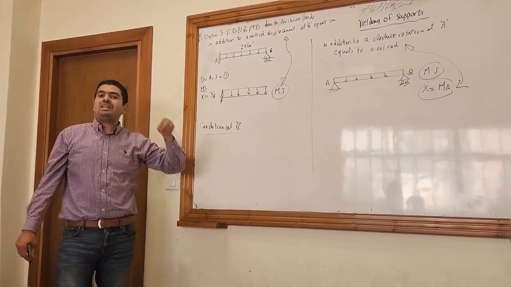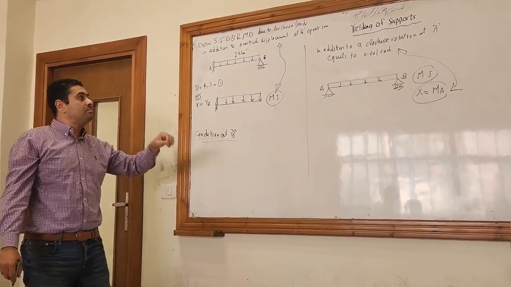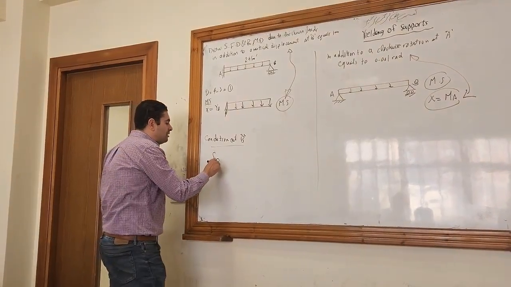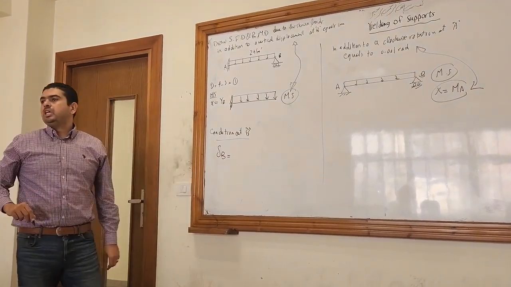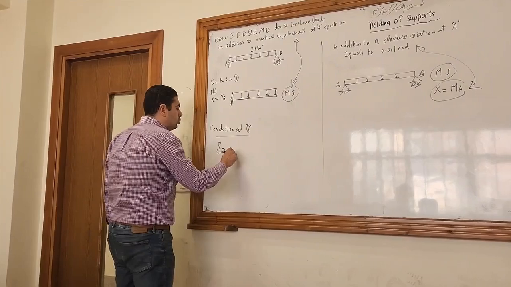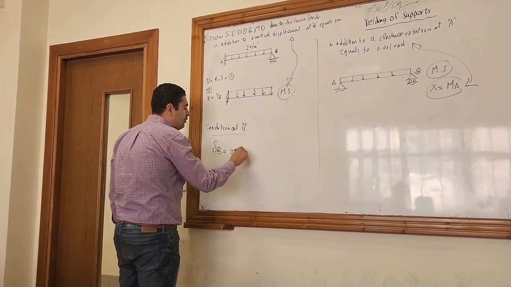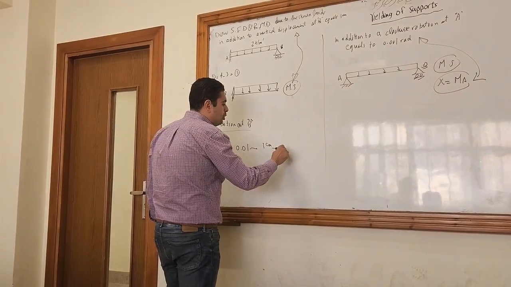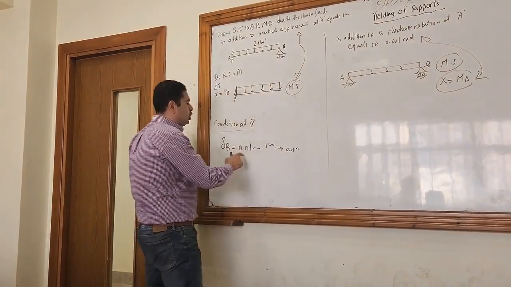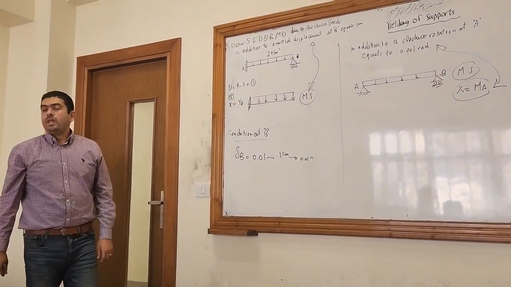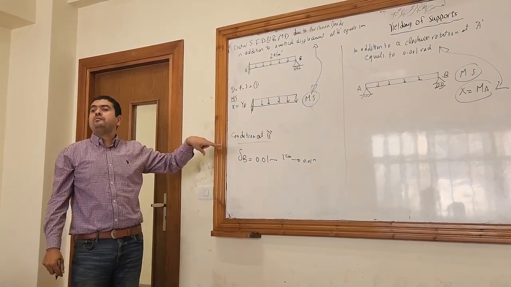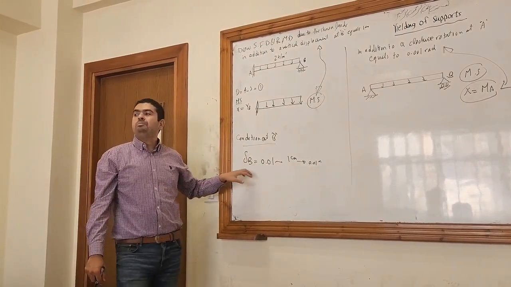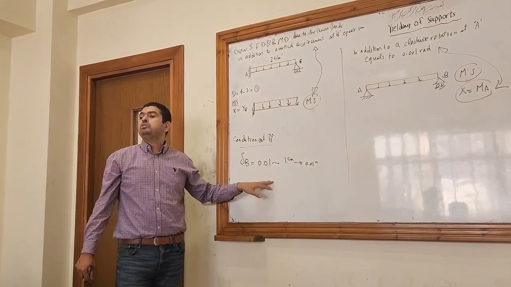But here he told me that there is a vertical displacement at B. So the condition delta B will not equal 0, it will be equal to 0.01. This is the 1 centimeter, I converted it to 0.01 meter, not 0. And in this case, I have to give you the value of EI, because it will not be cancelled, because the right hand side will not be equal to 0.